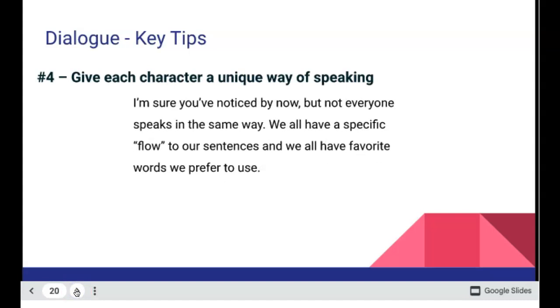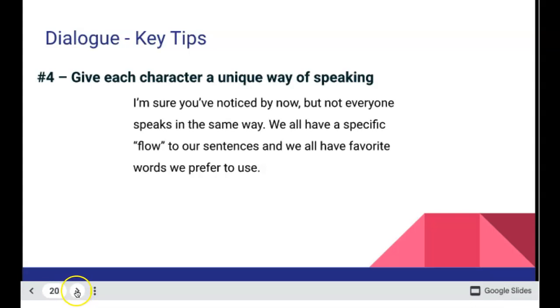And number 4, give each character a unique way of speaking. This is important, not only that they speak differently, but they also speak differently when they're around different people, right? We all have a specific flow to our sentences. As I speak to you, I have a certain way of speaking, and as I'm teaching you, I'm speaking much differently than if I was around my friends.